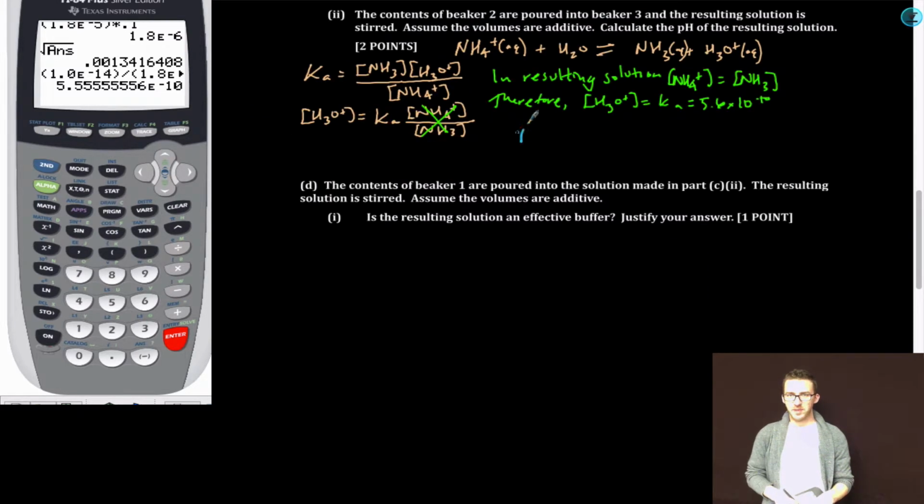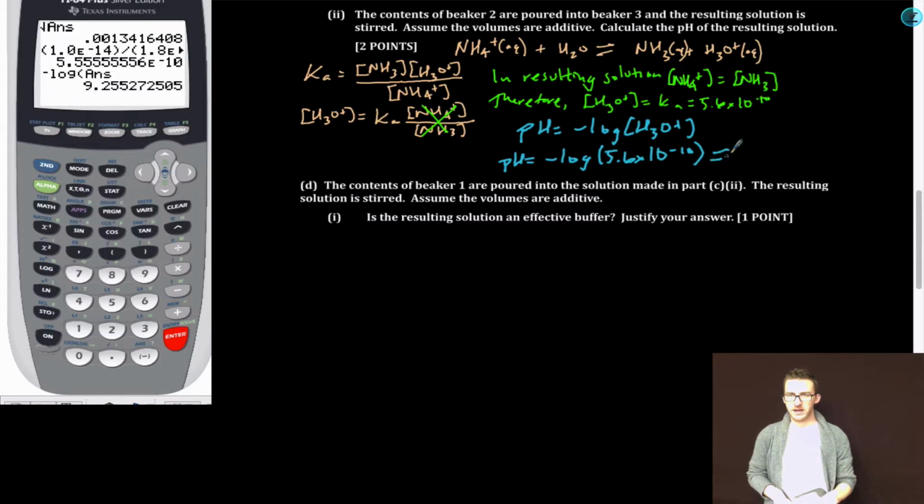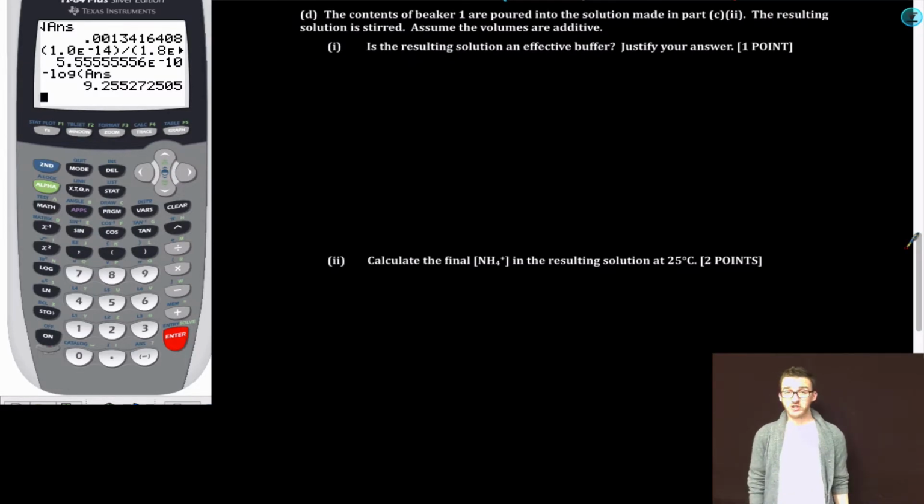Boom. To get pH, remember we're going to take the negative log of the hydronium ion concentration. pH is equal to negative log 5.6 times 10 to the minus 10. Calculator. Negative log, second answer. So our pH equals 9.26.